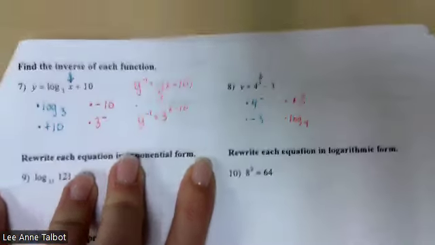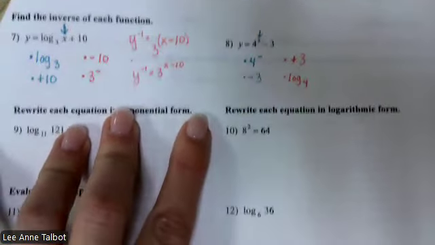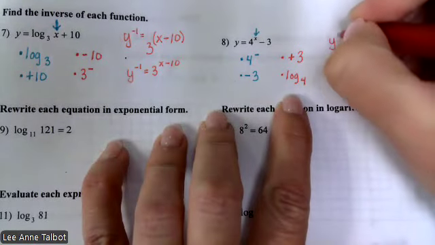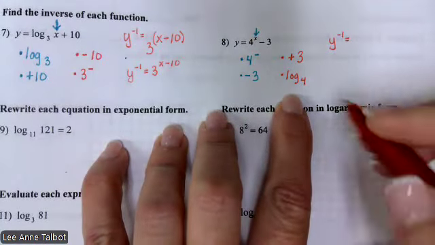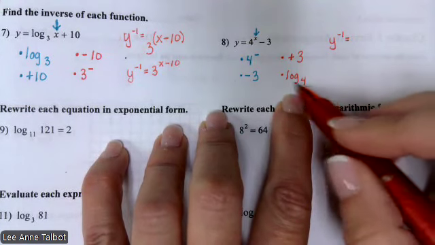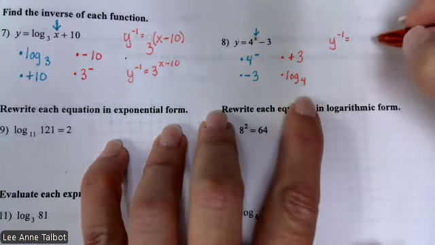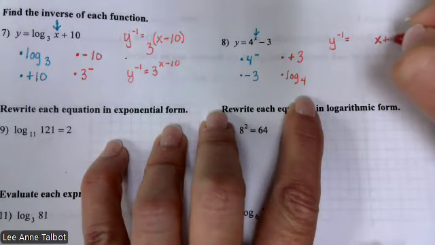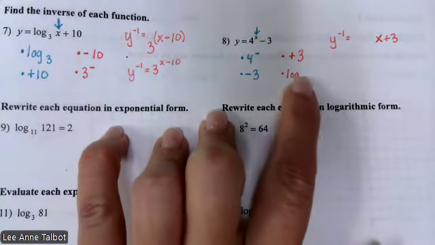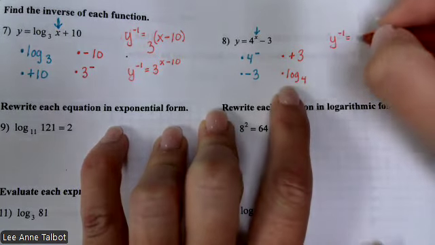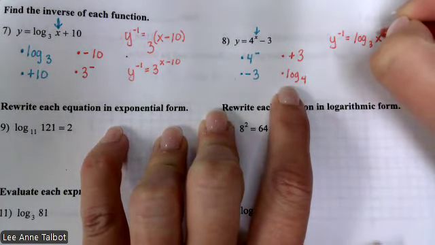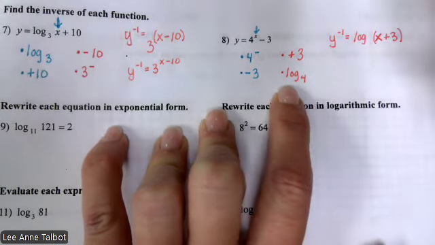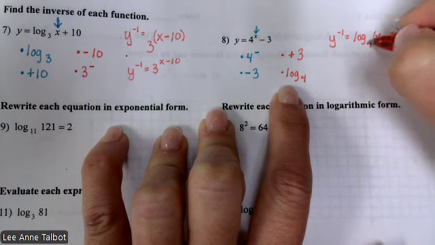Step 2, undo 4 to the power is log base 4. Okay, now this, I can tell the log base 4 is going to go in the front. So I'm going to move my x over. Add 3 first, because that's the first step. And then log base 4 of everything.